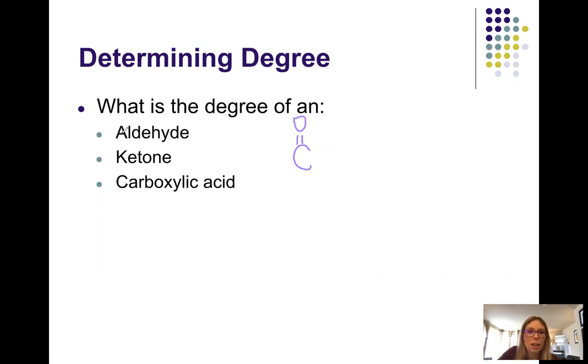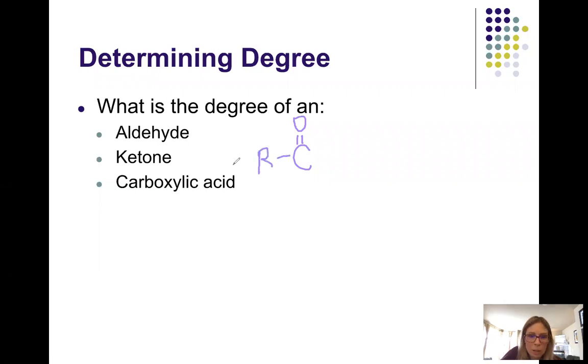I always think that A is at the beginning of the alphabet, which is either the front end or the back end. And if we have our carbon double bonded to oxygen, either at the front or the back end of our molecule, it's going to be an aldehyde. If it is in the middle, which the letter K is in the middle of our alphabet, then that's going to be a ketone.